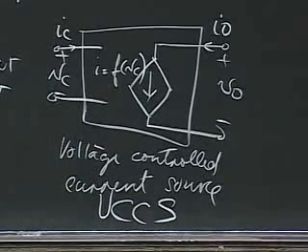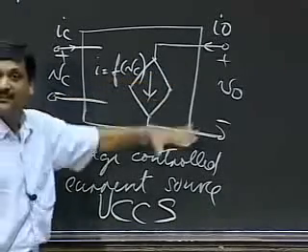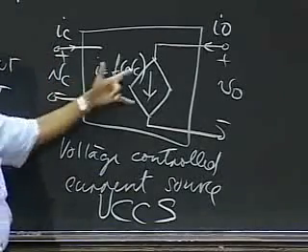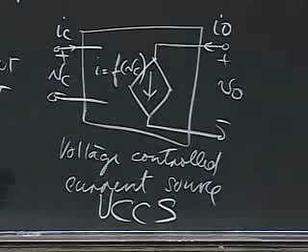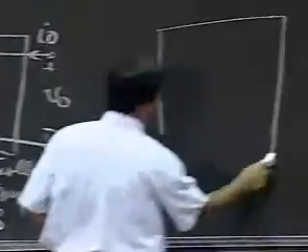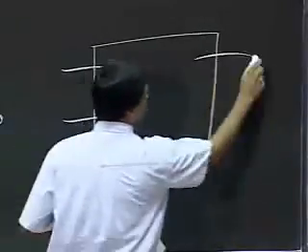So, in like manner, I can also devise other forms of sources. You can think of this as a device where a voltage controls an output current. You can think of all other combinations: current controlling current, voltage controlling voltage, current controlling voltage, and so on. So I'll give you another dependent source.